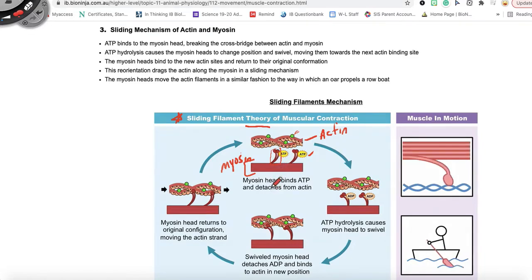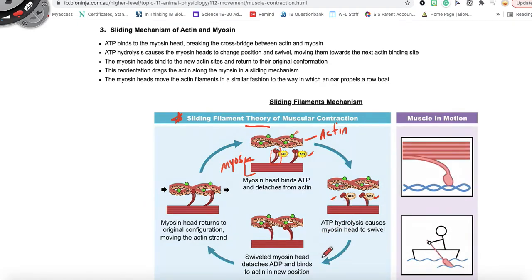So ATP hydrolysis, or the use of ATP, turning ATP into ADP, causes the myosin heads to move. So here's the energy for the myosin heads to move. And when they move, you see here that they change position and they kind of swivel. And now they're going to go to the next actin binding site here.